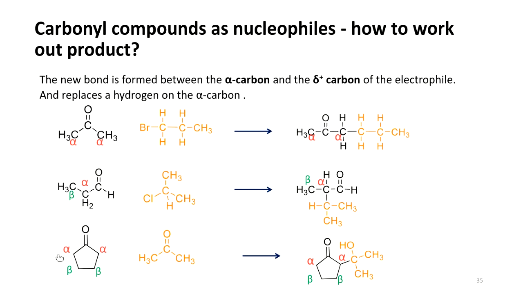For the cyclic ketone, again, there are 2 possible carbons in which we can form the carbanion. Again, it can act as a nucleophile, attack a carbonyl, and we have the formation of our alcohol. So when carbonyls form nucleophiles, they react in the same way as other nucleophiles.